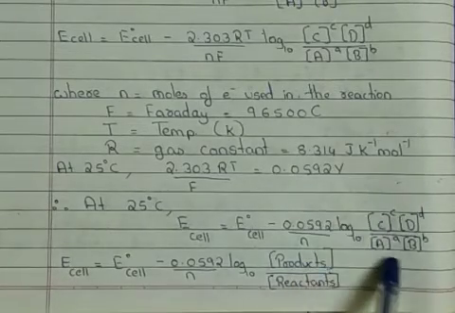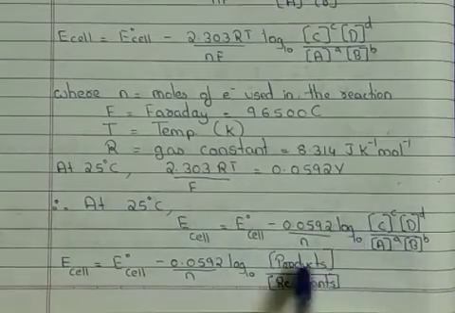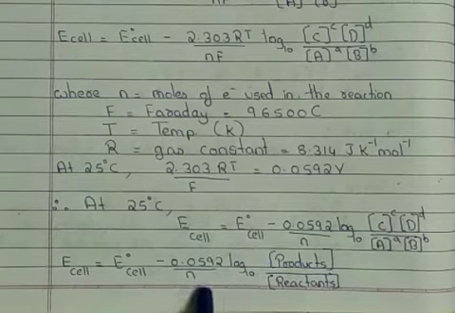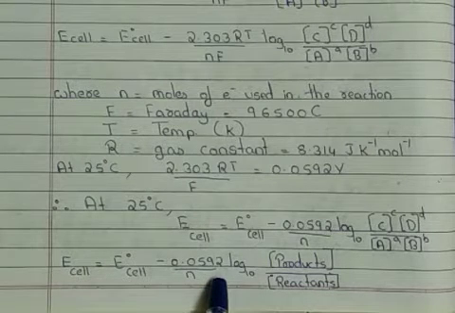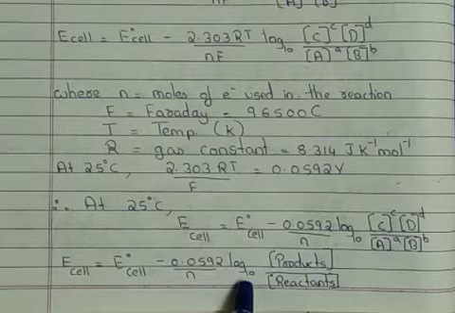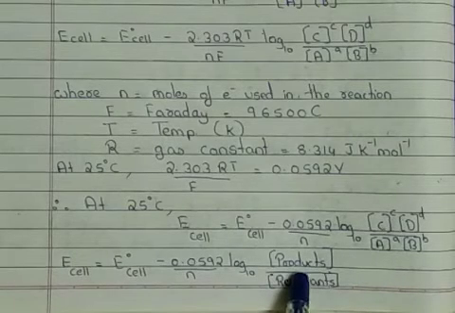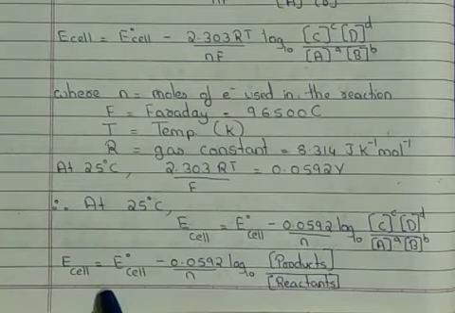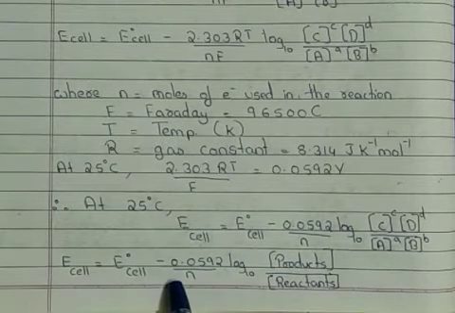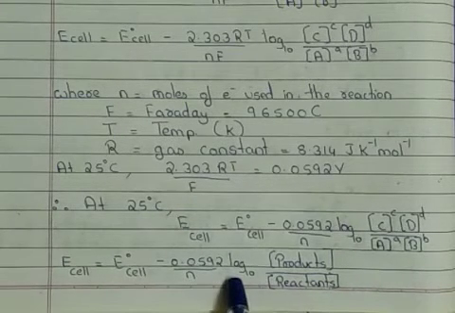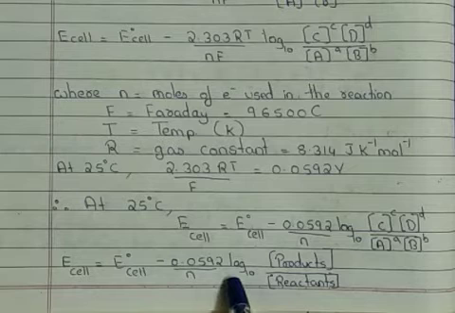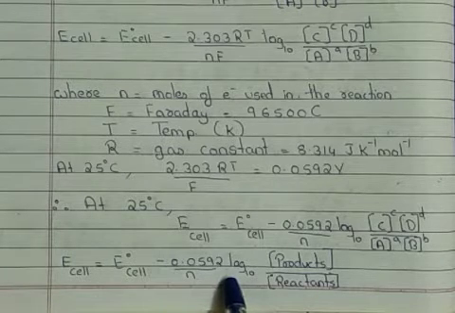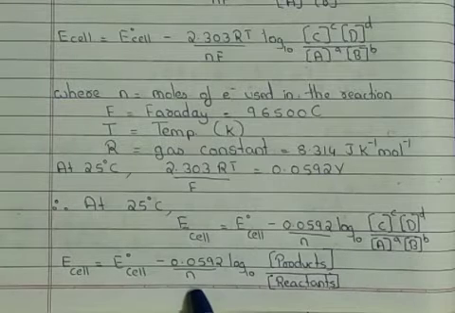Rather than writing down the concentration terms, I can simply say E cell is equal to E naught cell minus 0.0592 upon n log to the base 10 of concentration of products upon concentration of reactants. This will be our Nernst equation when we have a cell working at 25 degrees Celsius, that is 298 Kelvin or room temperature.